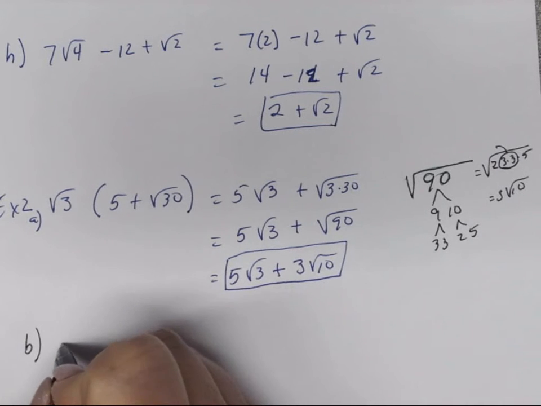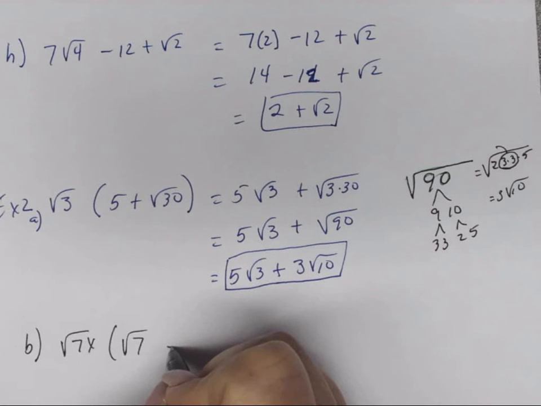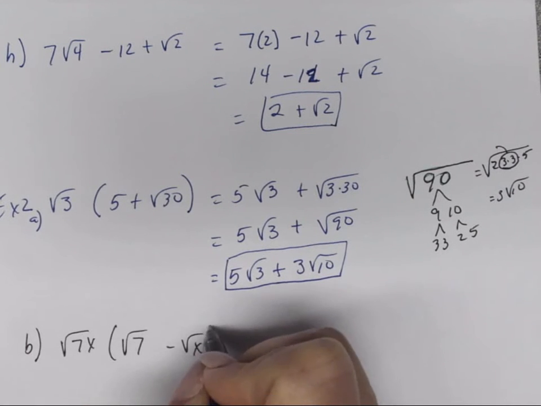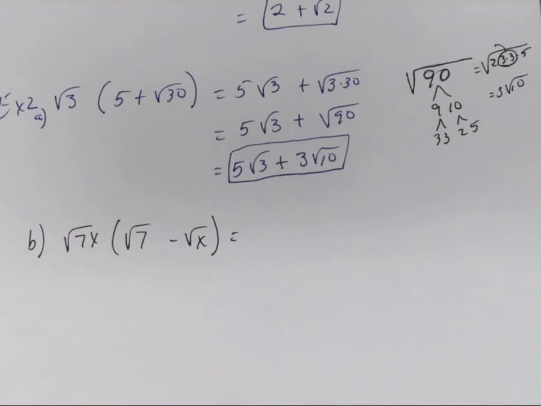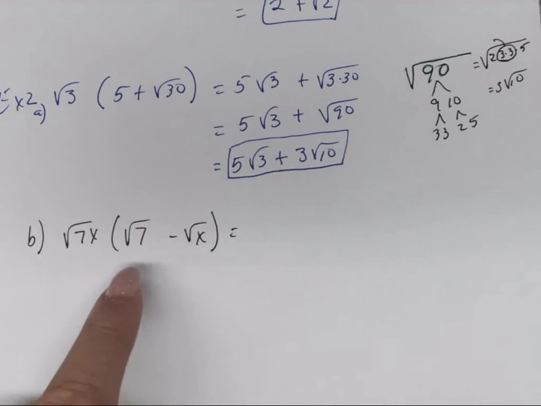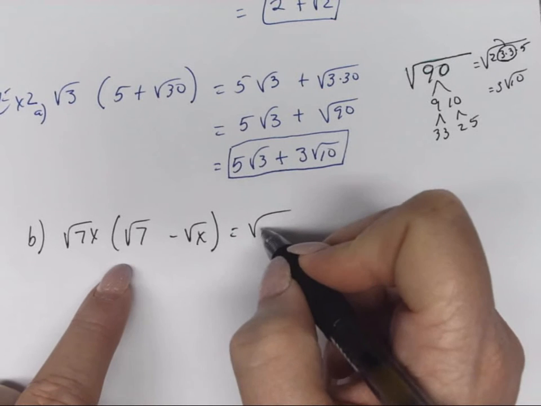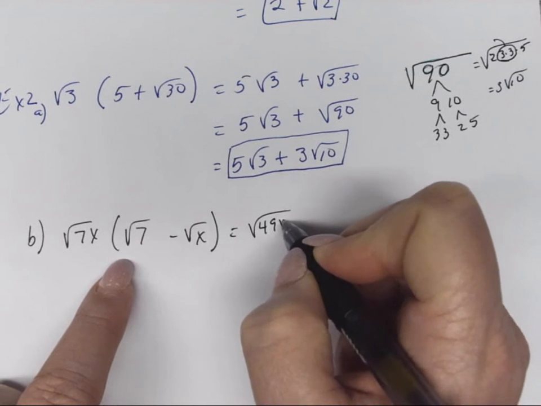If we have the square root of 7x times the square root of 7 minus the square root of x. So square root of 7x times the square root of 7, that's going to get us 7 times 7 would be 49x.